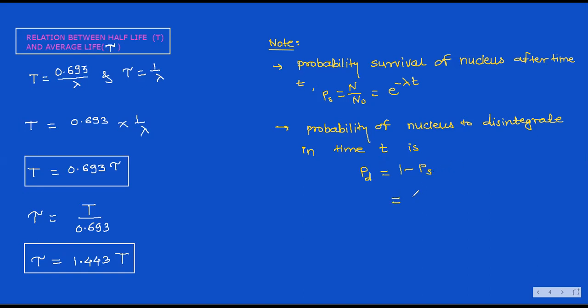So this is equal to 1 minus e power minus lambda t. If they are asking you this probability also, you can use these two formulas. Got it?